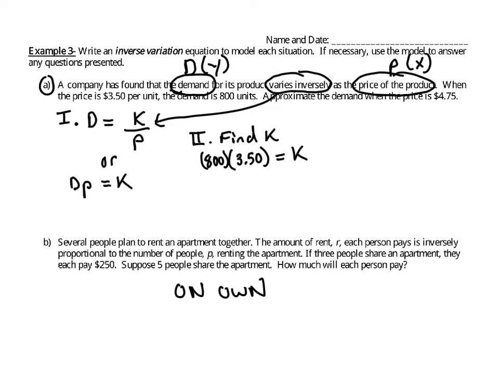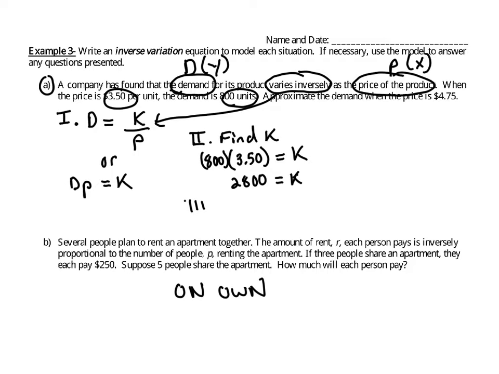We are given two values, the 800 for demand and the $3.50 per unit as price, so I will multiply those together and that will give me the value of k. k is already solved for, so that's the nice thing about finding k in inverse variation equations. So when I multiply those two values, we come up with the variation constant as 2,800.